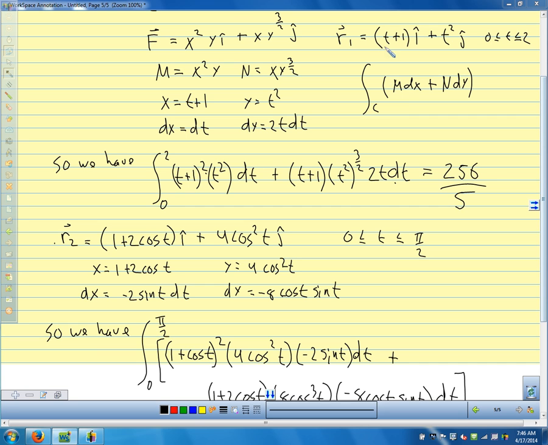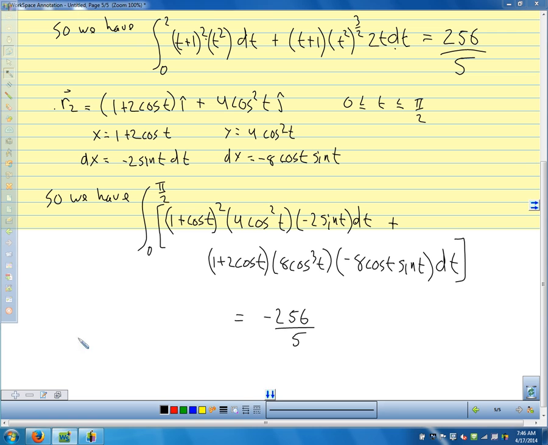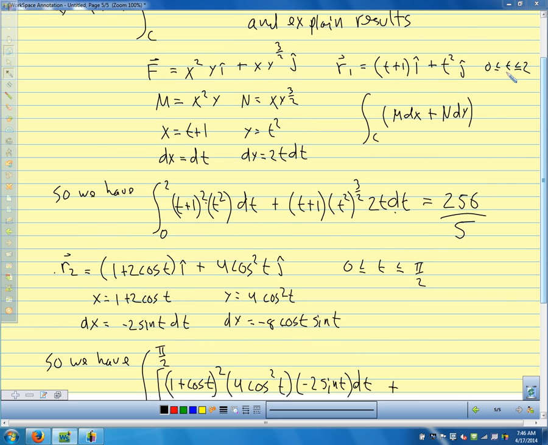So on R1, from 0 to 2, I'm going from the point 1, 0 to the point 3, 4. So if I substitute my endpoints here, we're going from 1, 0 to 3, 4.